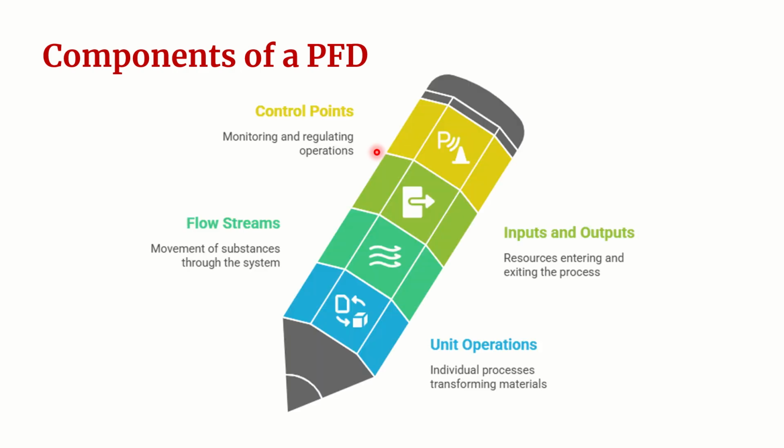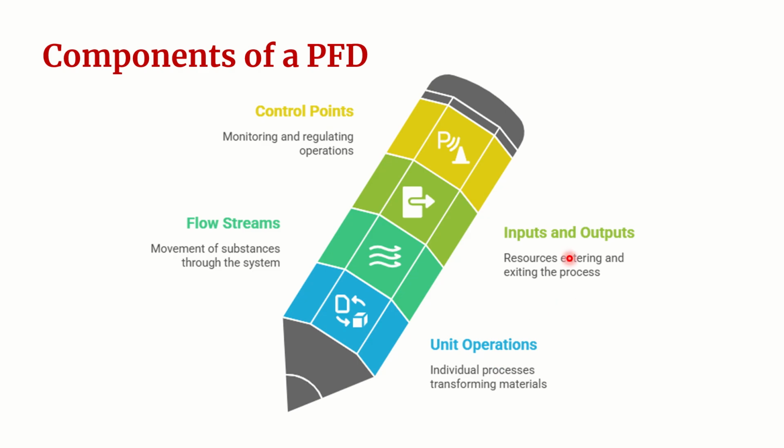Next one, components. What are all the components of a perfect process flow diagram? So unit operations, represented by standard symbols like pump, heat exchanger, distillation column, absorption column, evaporator. So all kinds of unit operation equipment.